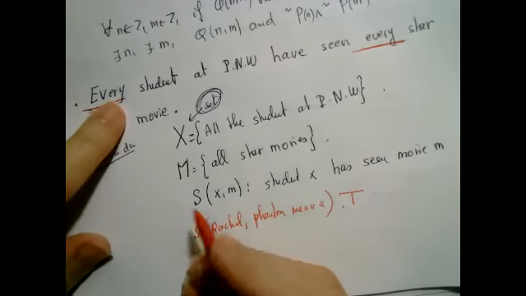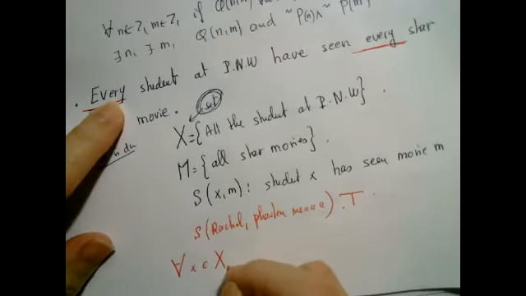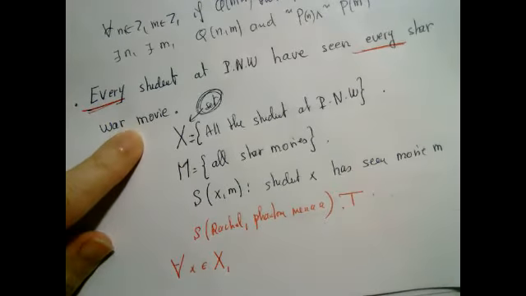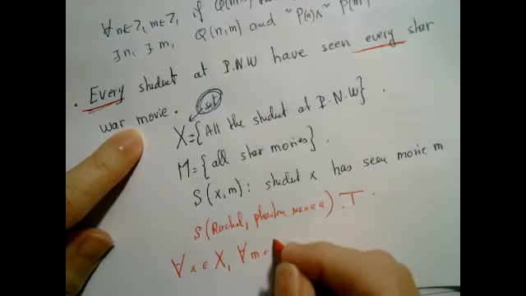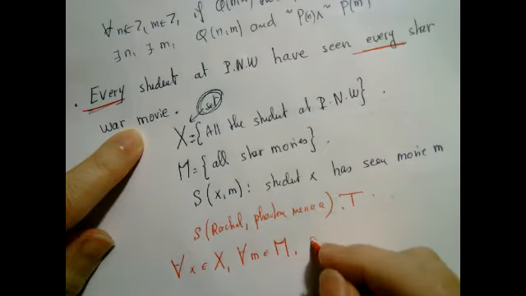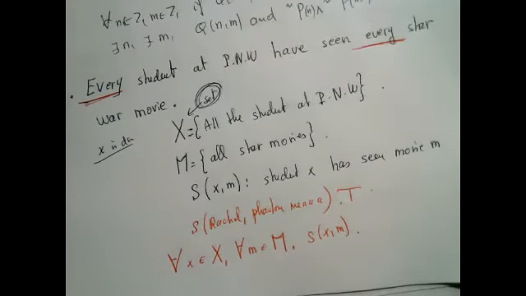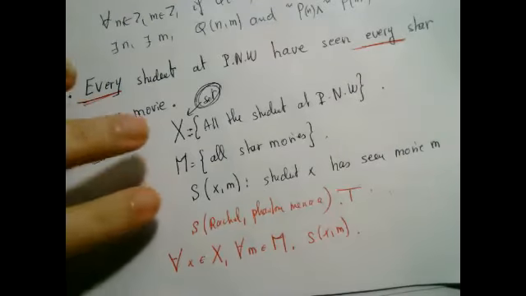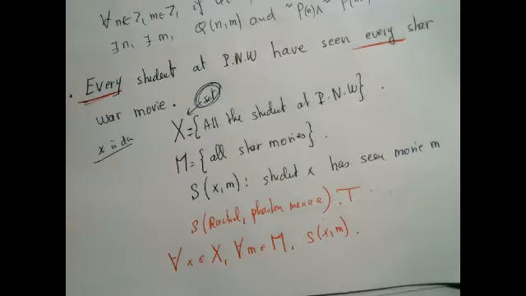And now my statement will become: given any X in big X, given any M in big M, S of X M. Every student has seen every Star Wars movie. That's how we write this using predicate and domain. That's how you introduce domain very clearly and how you introduce your predicate.